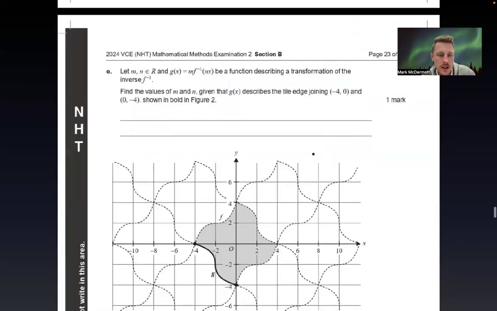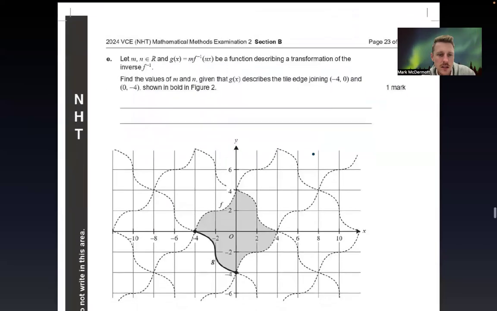Let m and n be an element of all real numbers, and g of x equals m multiplied by f inverse of nx be a function describing a transformation of the inverse. Find the values of m and n given that g of x describes the tile edge joining -4, 0 and 0, -4.